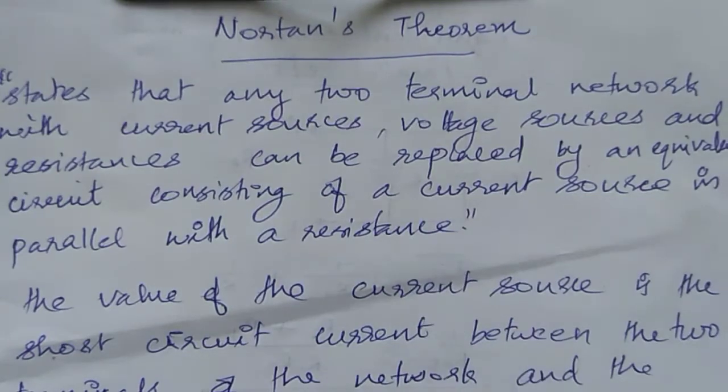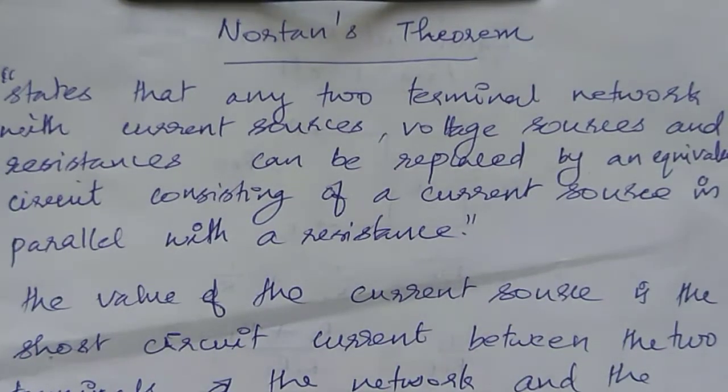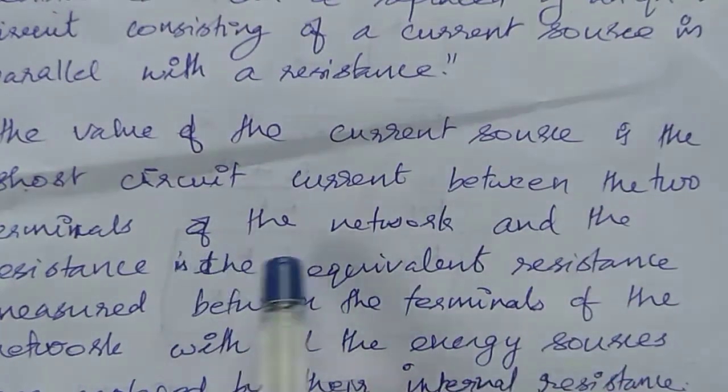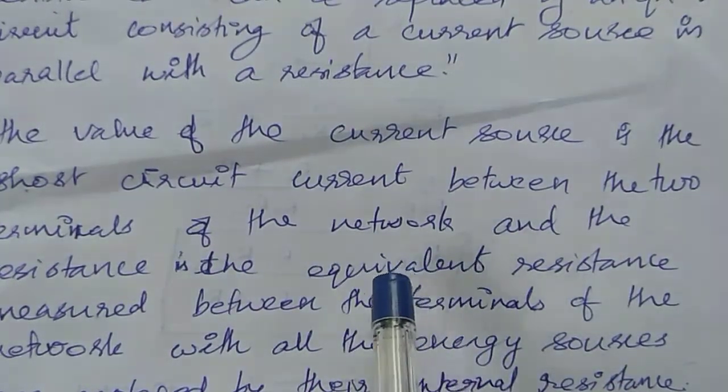Now a question may arise: how can we find that current source and that single resistance? The current source is the short circuit current between the two terminals of the network.